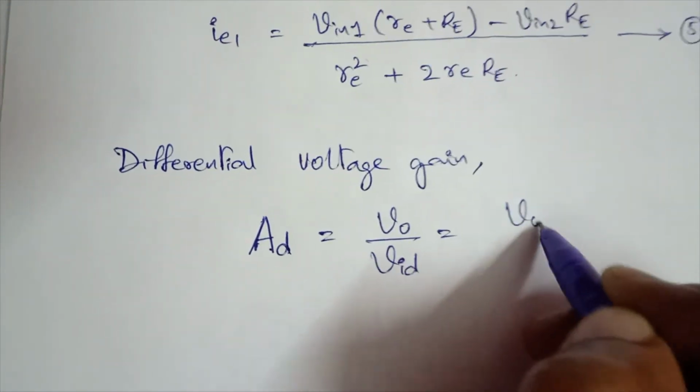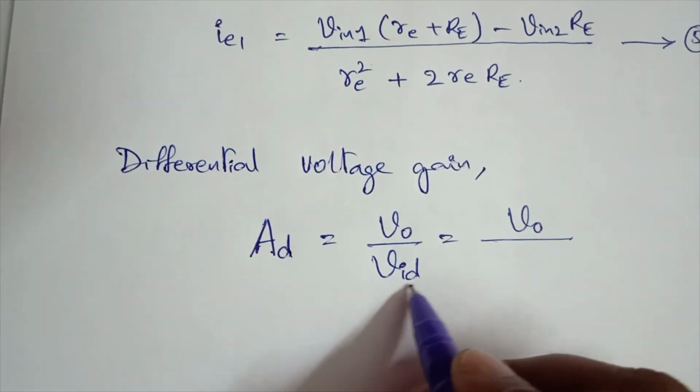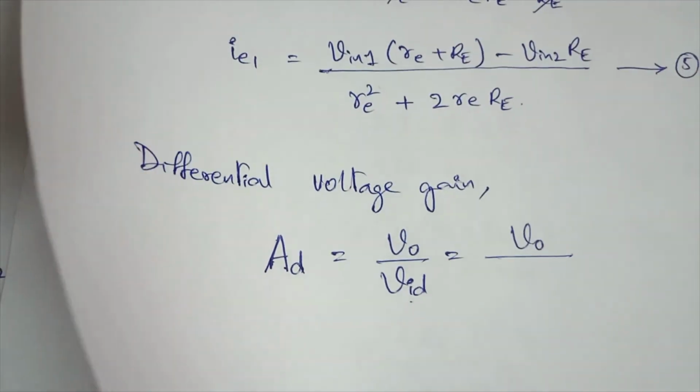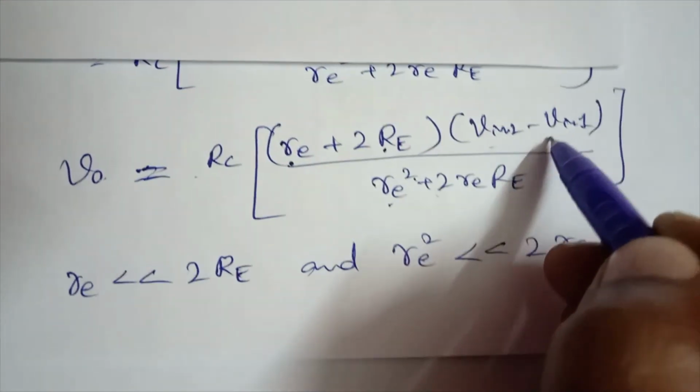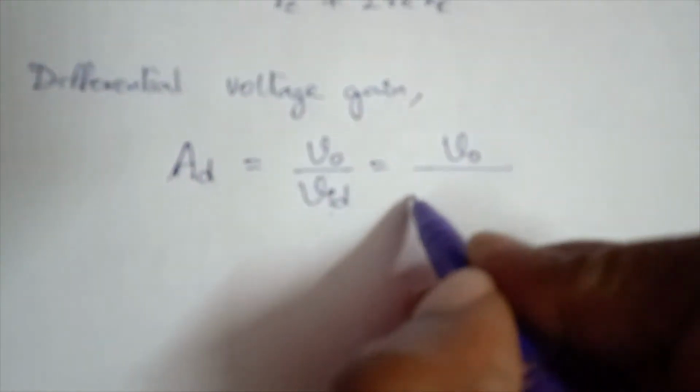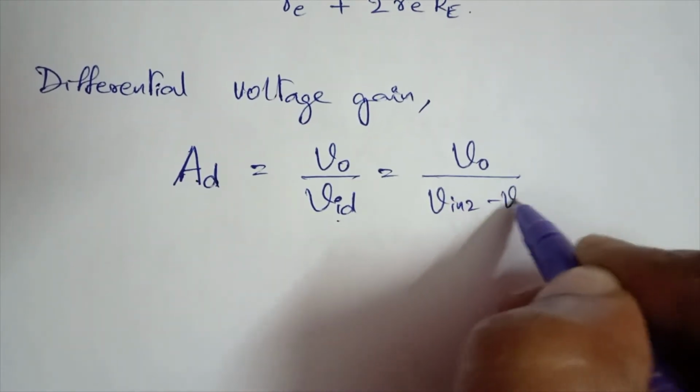VID is nothing but the difference in the input voltages. The difference in input voltages here, I take it as V in 2 minus V in 1.